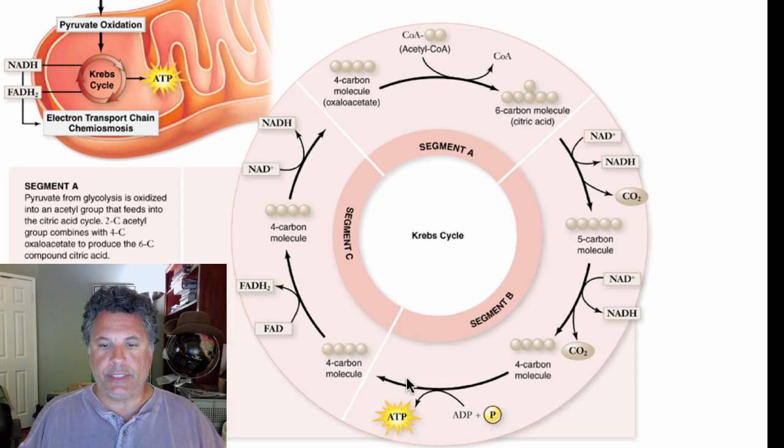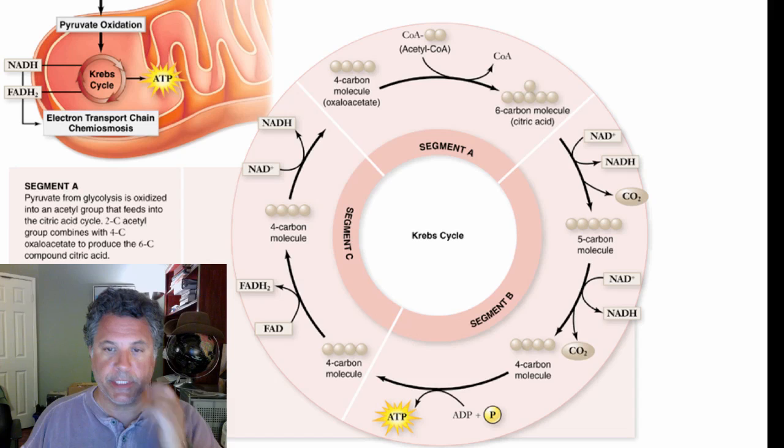And you might be thinking, well, wait a second, you're only getting 1 molecule of ATP out. Isn't that rather low energy yield? But the key is that we have 3 NADHs produced per cycle and 1 FADH2 per cycle. And now we're almost in a position to do some accounting.